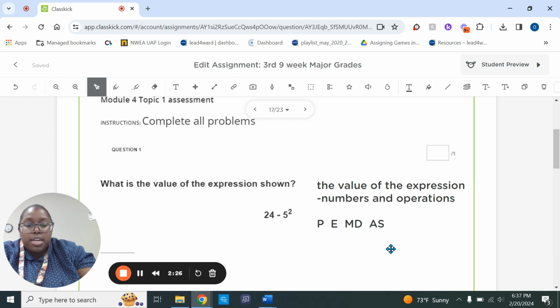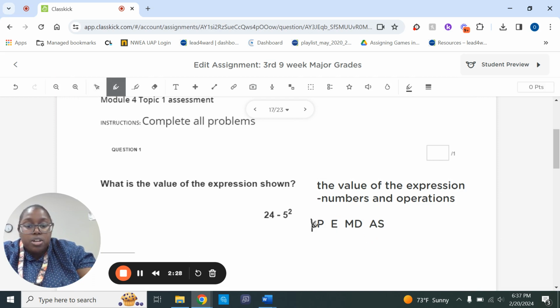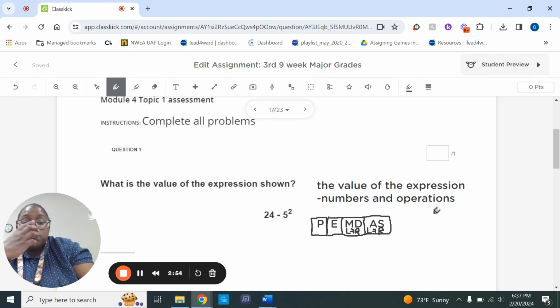Remember, PEMDAS has 4 steps, and all of it needs to be done from left to right. Everything is done from left to right. So you would just use PEMDAS to answer that question.